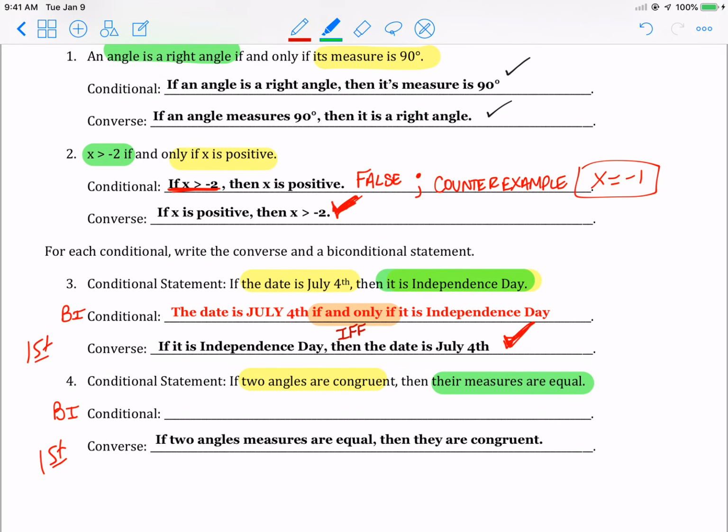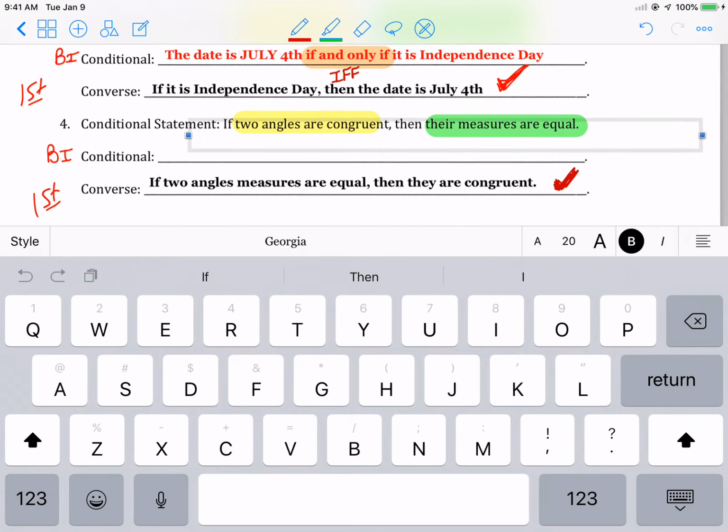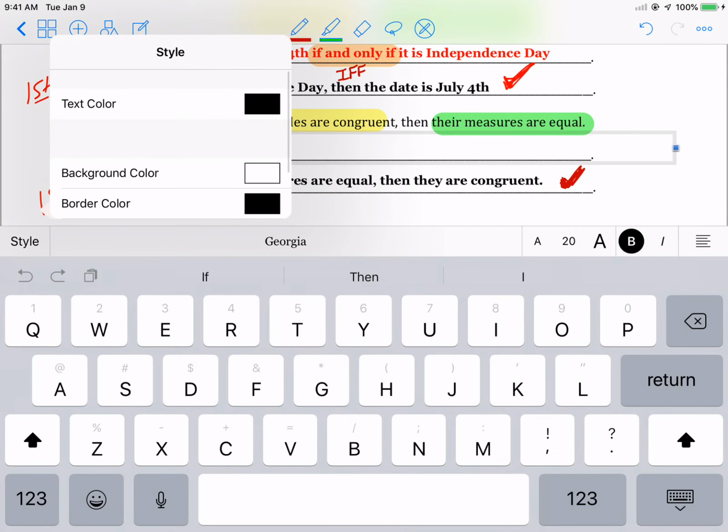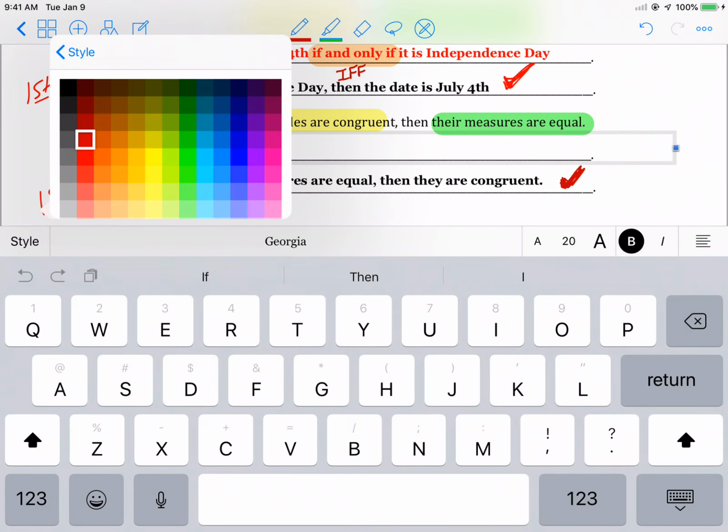All right, is that true? Absolutely. If two angles are equal, they are congruent. So remember, angle measures are equal, angles are congruent. So if they've got the same angle measure, we know they're congruent with one another. So from our biconditional, we can go back to red.